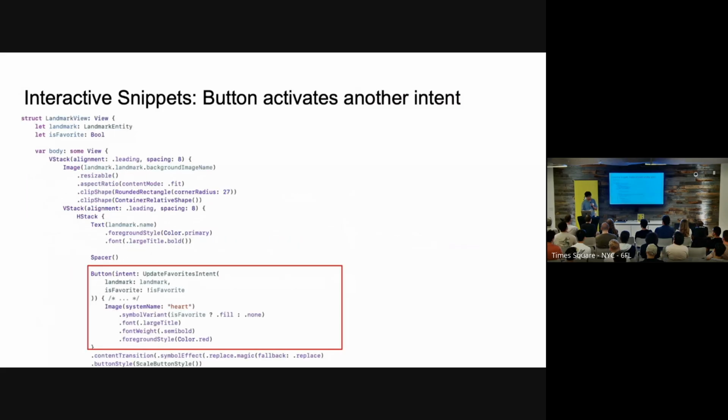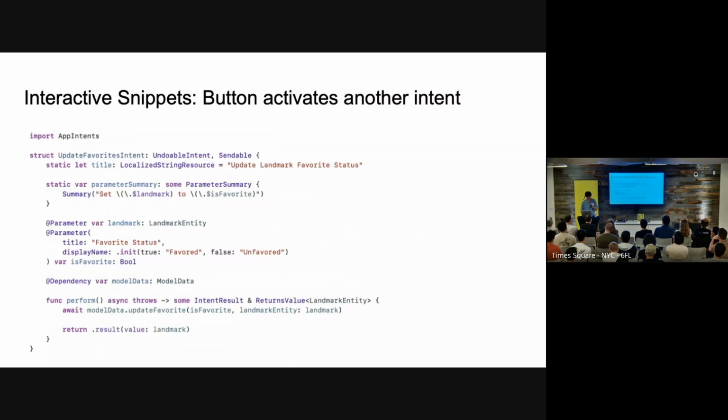Now, within your custom SwiftUI view, you're going to use the special version of button where the action is instead a particular intent that you define. I know it's very complicated. We already have an app intent, a snippet intent, and a landmark view, and a new version of button. And now we have a third intent, an update favorites intent. What does that do?